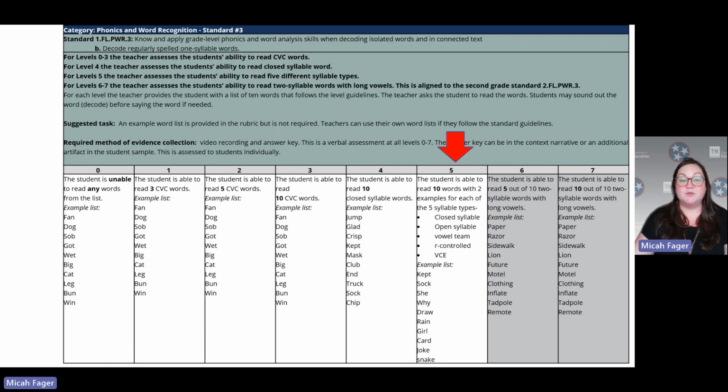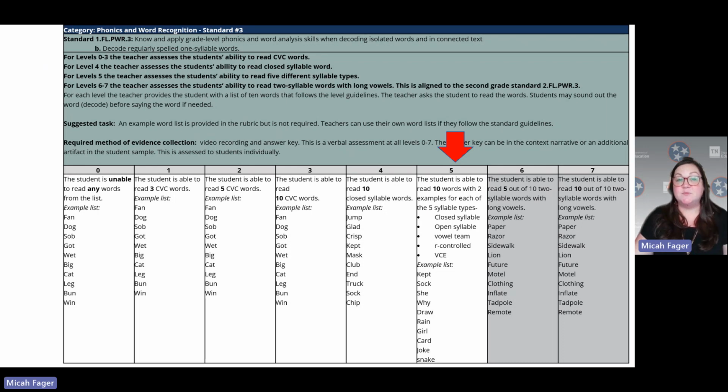If the student is able to read 10 words with 2 examples of each of the 5 syllable types, closed syllables, open syllables, vowel teams, r-controlled, and VCe, then the student work sample receives a level 5. Again, the teacher does not have to use the example word list, but if the teacher uses their own word list, it must have 10 words with 2 examples from each of the 5 syllable types.